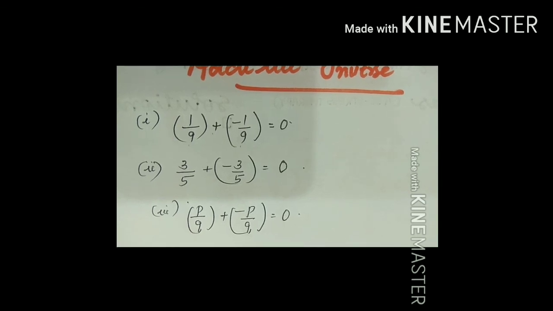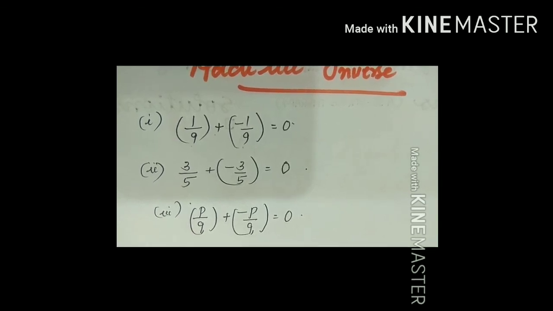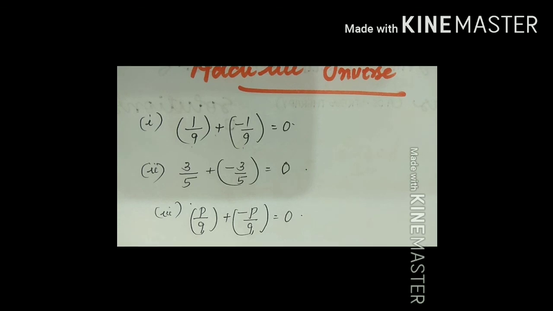Such a number is called a rational number. Secondly, we have learned the properties of addition for rational numbers. The first one was the closure property. It says that if you take any two rational numbers, their sum will again be a rational number.